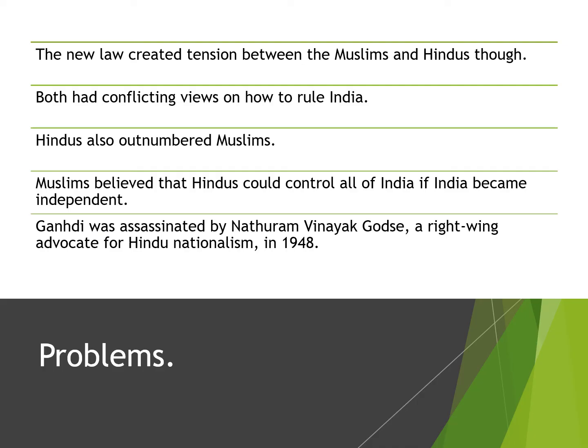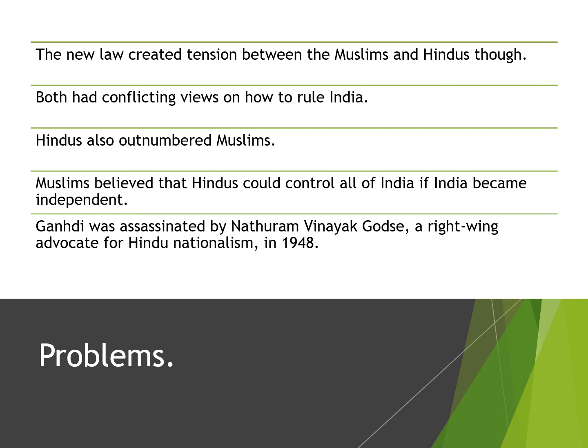But there were still some problems in India. The new law created tension between the Muslims and the Hindus. Both had conflicting views on how to rule India, and since Hindus outnumbered Muslims, Muslims believed that Hindus could control India if it became independent.